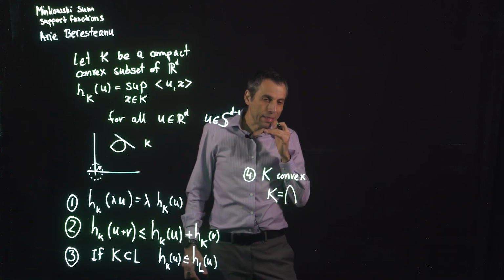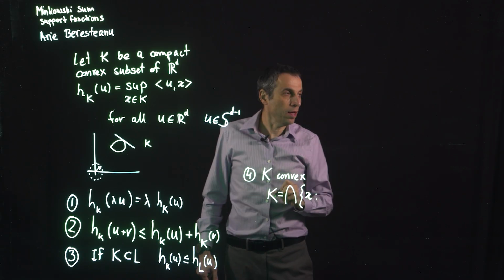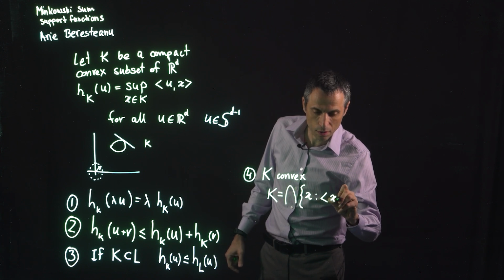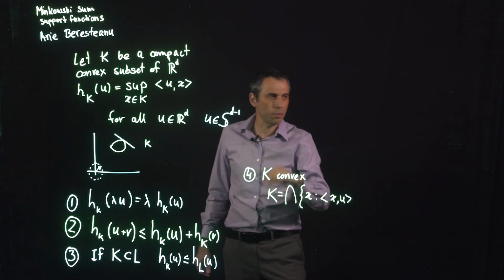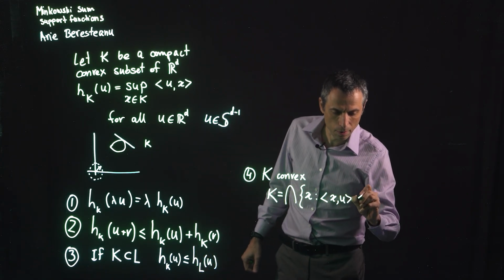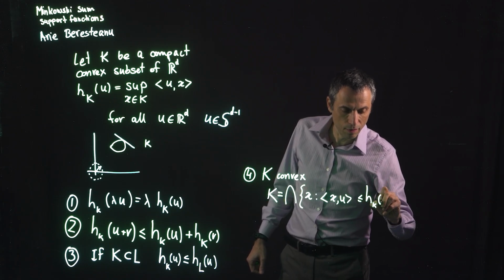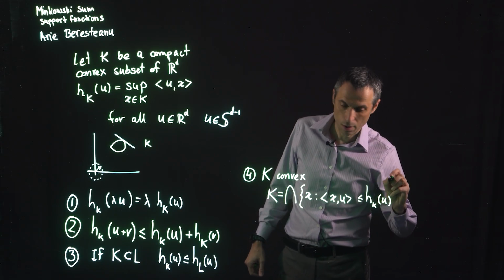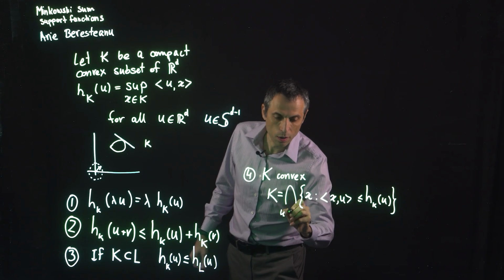I take the set of all x such that the inner product of x and u is less or equal than h_K evaluated at u, and we take the intersection over all u.